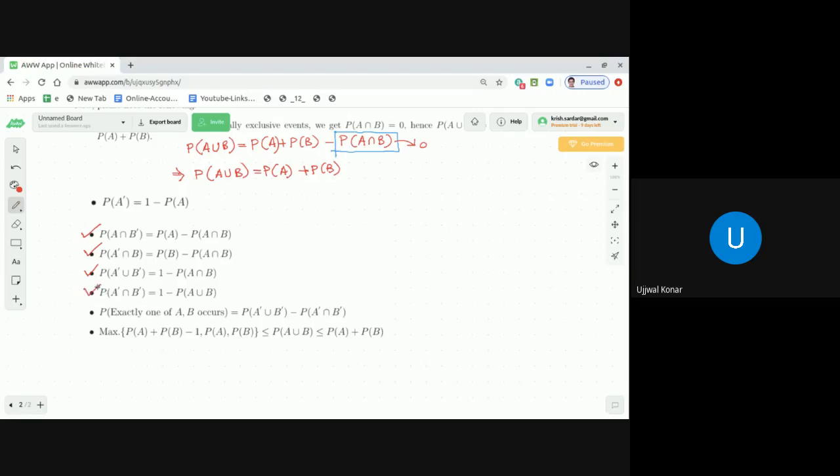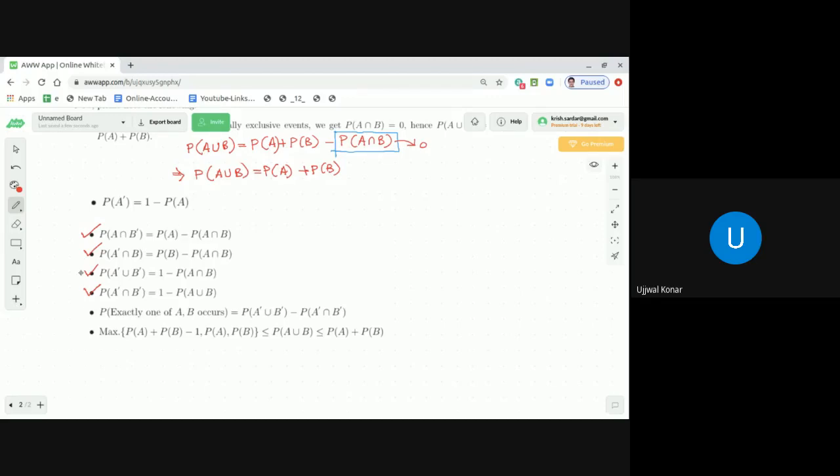Probability of exactly one of A, B occurs is nothing but probability of A complement union B complement minus probability of A complement intersection B complement.